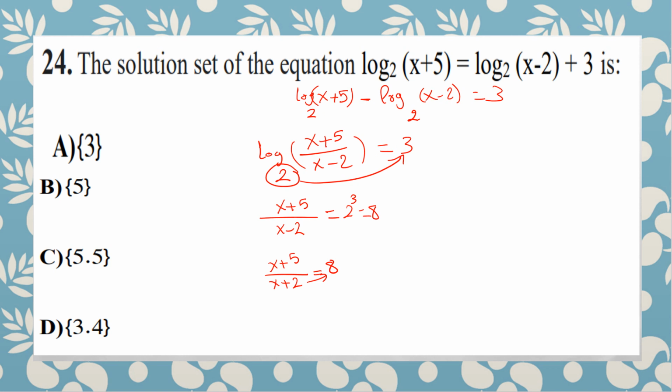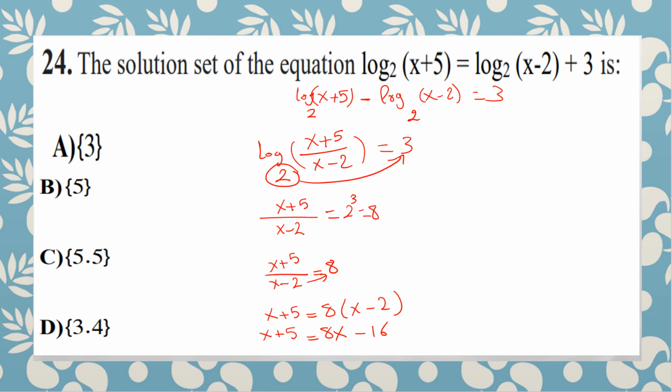By multiplying both sides, we get x plus 5 equals 8 times (x minus 2). So x plus 5 equals 8x minus 16.